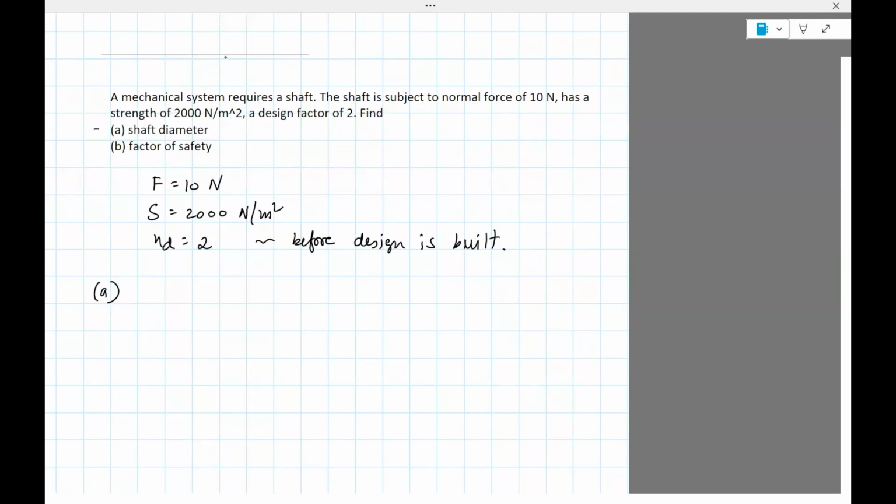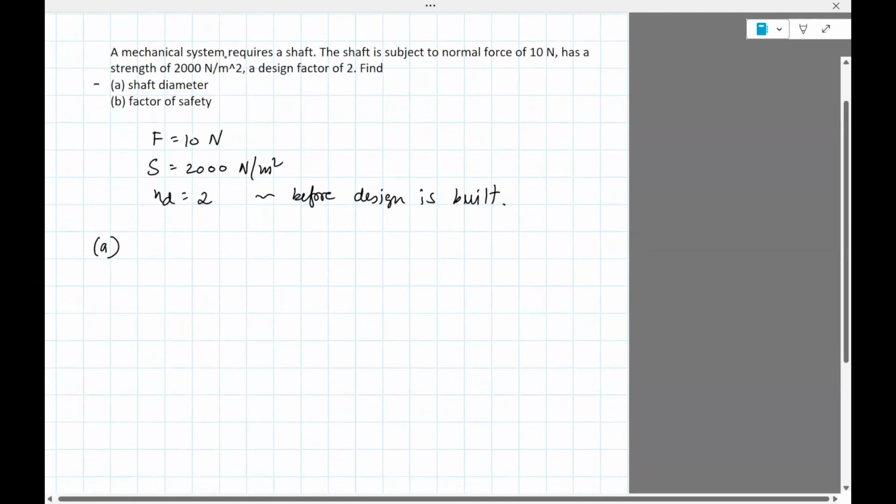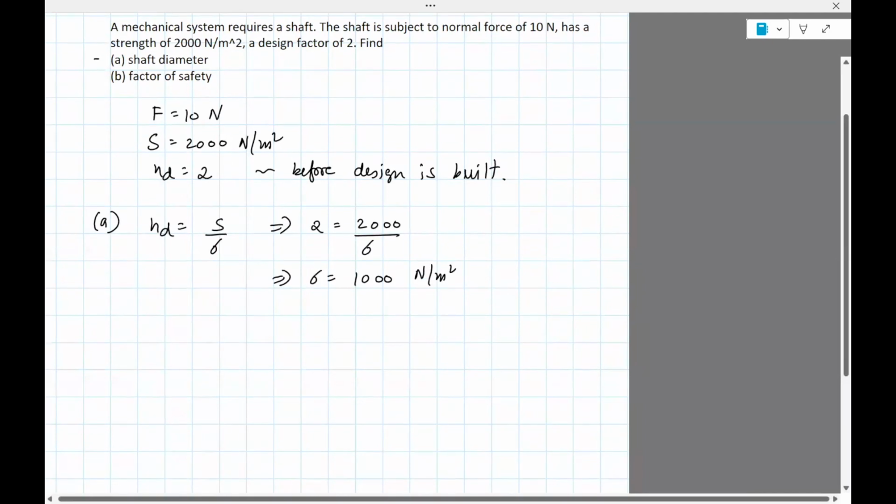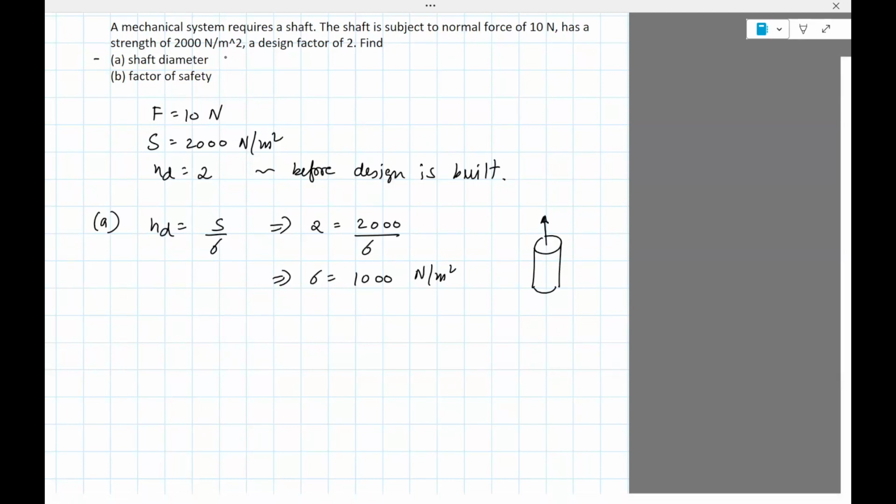So first thing we do is let's write down the formula for ND. It's S divided by sigma. So ND is 2, S is 2000, sigma is down there. So we have sigma is 1000 Newton per meter squared. Now, this is basically a system where you have a shaft like so, and then it's subjected to a force of 10 newtons.